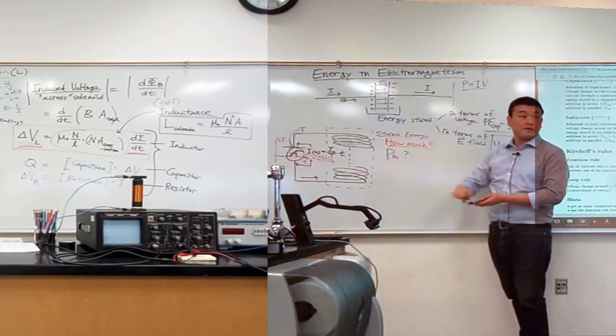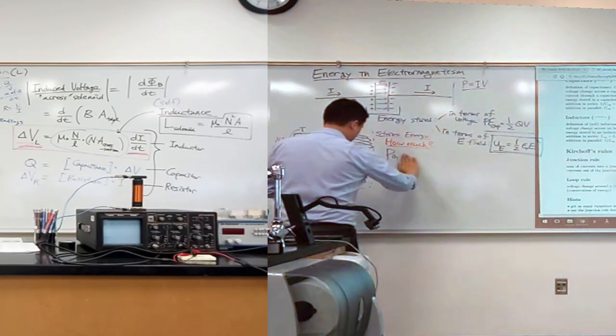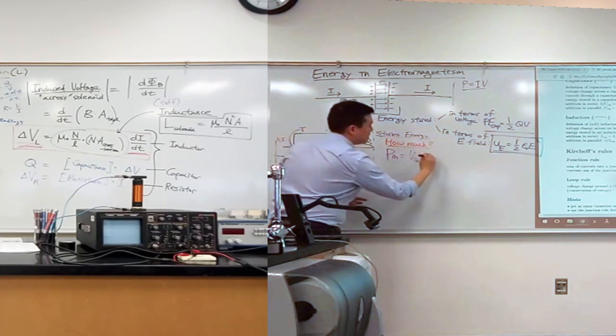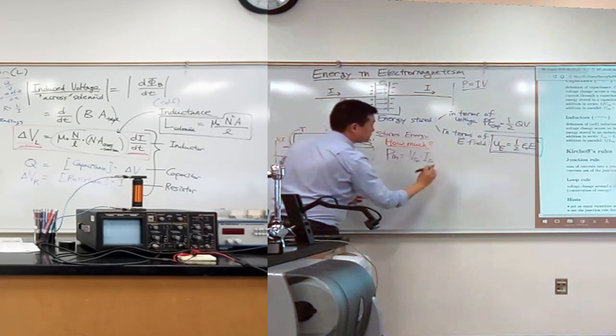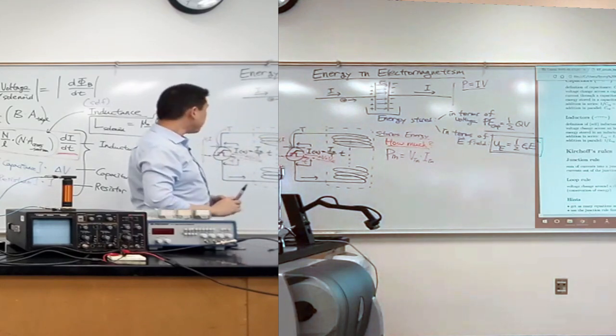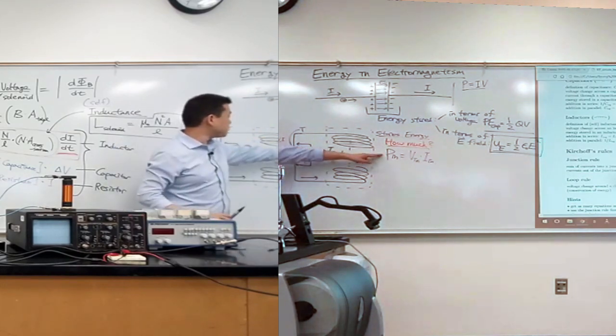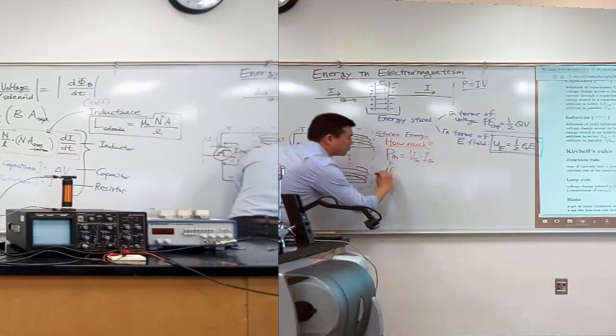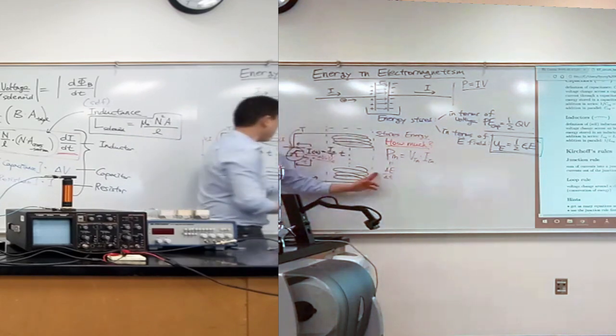So power in must be equal to the voltage in times the current in. Right? Now here, I don't want power. Power is the rate of change of energy. I don't want that.